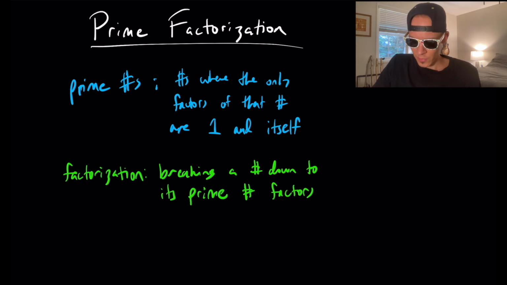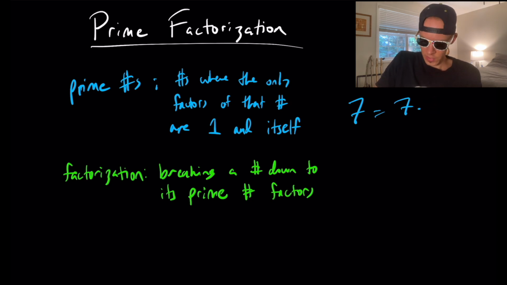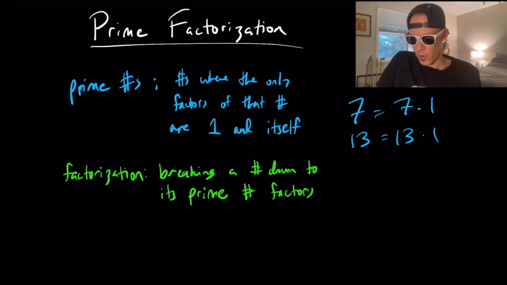So an example of a prime number might be, let's see, 7, right? Because 7 times 1 is the only multiplication problem that we can think of where you can multiply two whole numbers and get 7.